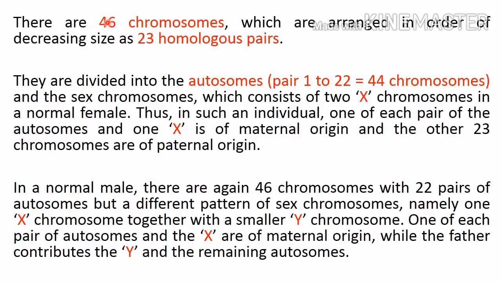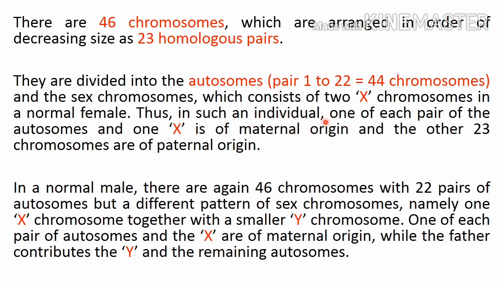As we know, there are 46 chromosomes in each diploid human cell, and these 46 chromosomes are grouped into 23 homologous pairs. The first 22 pairs, that is the 44 chromosomes, are known as autosomes, and these chromosomes are equivalent or similar in both male and female. However, the difference is in the last pair, the 23rd pair.